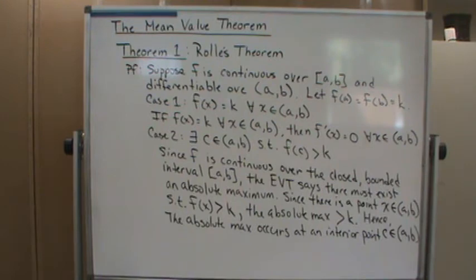Now, because f has a maximum at an interior point C, and f is differentiable at C, by Fermat's theorem, f prime of C must equal 0.